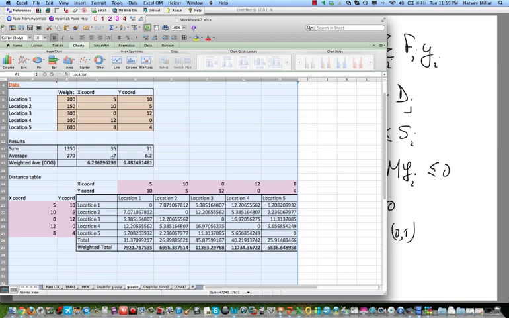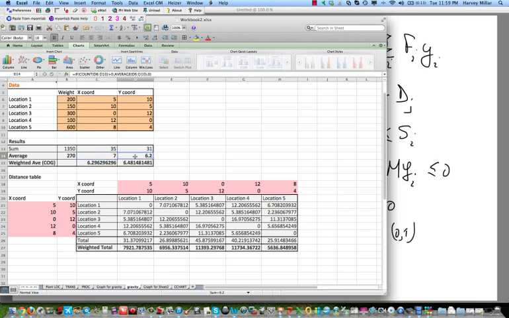But the way in which we would try to solve this problem is to minimize the weighted distances. So of course we would need to calculate the actual distance of each of these points from the coordinates of the facility, and then attempt to minimize that.